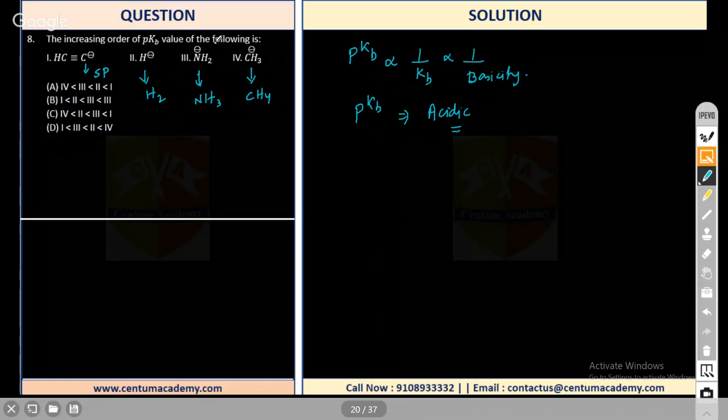Okay. You see here, acidic order you have to find out. That will be, obviously, this NH2 minus will be more acidic than this first one. So what we can say, the third one, I'm comparing just one by one. Third one should be more than 1.